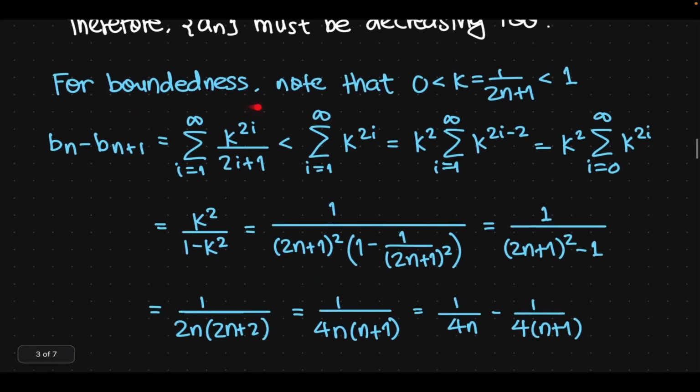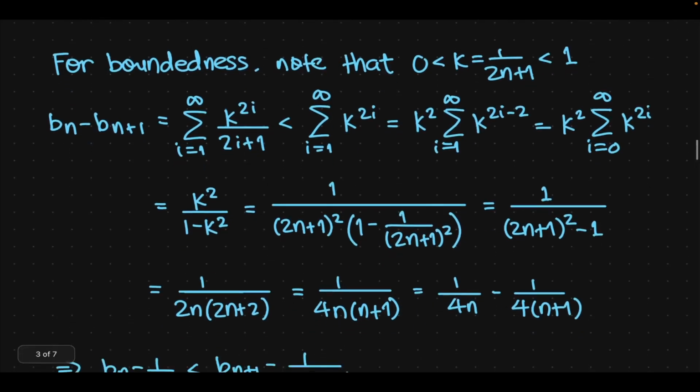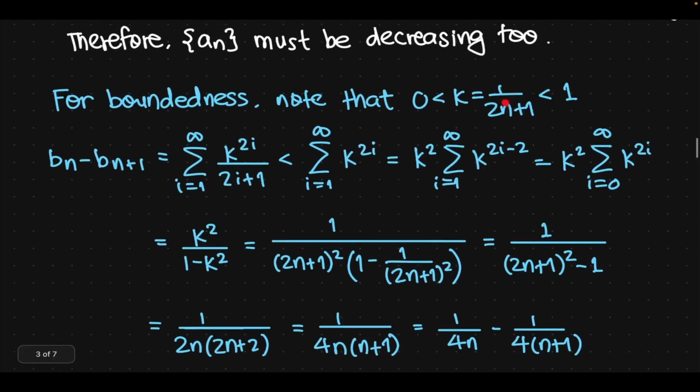So first of all, notice that k, which was 1 over 2n plus 1, is of course greater than 0 because n was defined greater than 0, and also is less than 1, because all of these are just going to be 1 over some odd integer for all the n values.